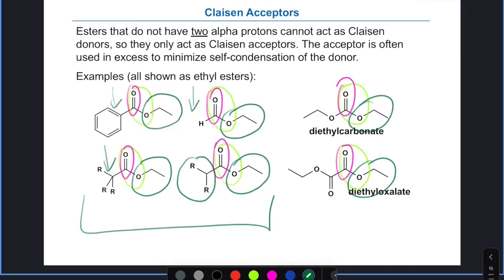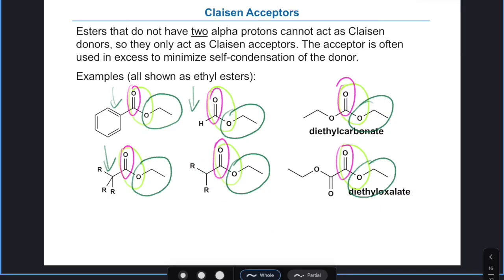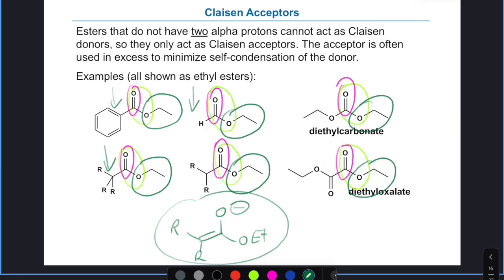But the enolate you generate from this one would look like this, with R, R, O-ethyl. Can that enolate do a Claisen reaction? What's the substitution pattern at the alpha center? How many carbons are on the nucleophilic center? There are 2. If it's disubstituted, it cannot attack.